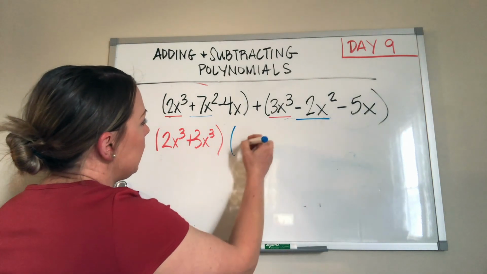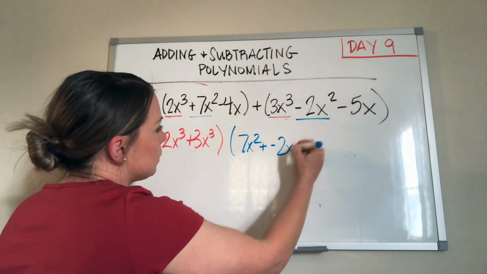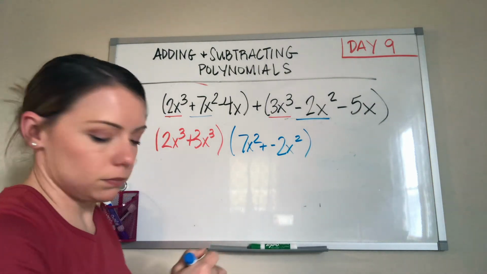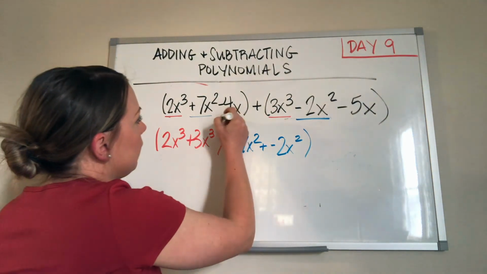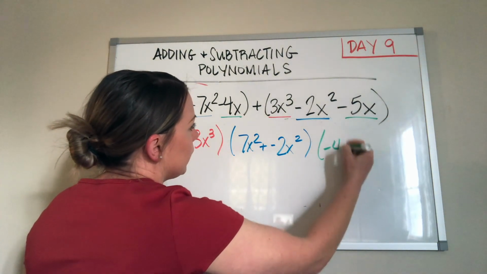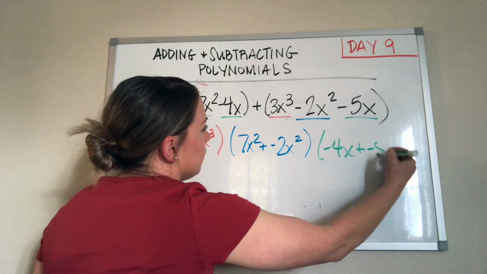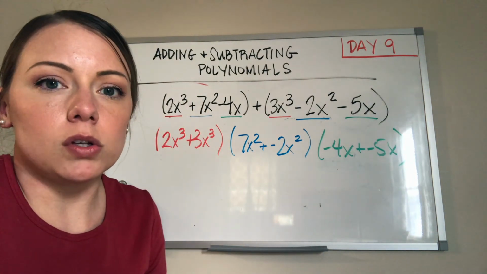So I have 7x squared plus a negative 2x squared. All right, and then the last thing that I have are my x's, which are negative 4x plus a negative 5x. All right, so far so good.